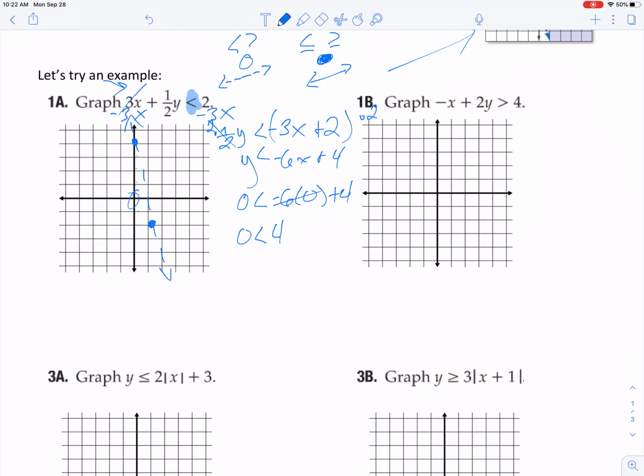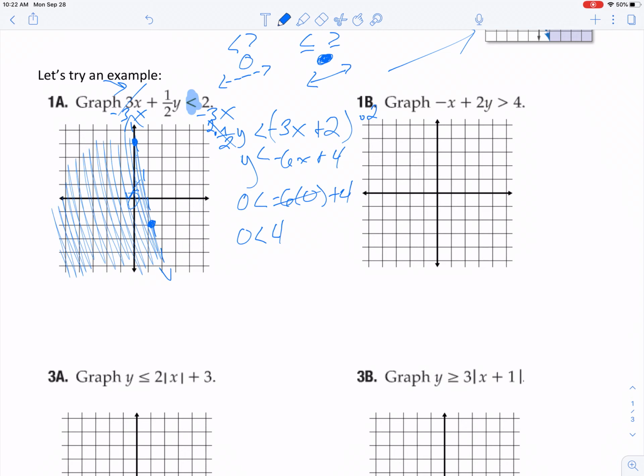If the answer is yes, then you can put a check mark or star at 0, 0. And if the answer is no, put an X. And here's the thing. You shade towards the stars, the check marks. You shade away from the X's. So since this one's shaded towards, I can go ahead and shade it on this side.